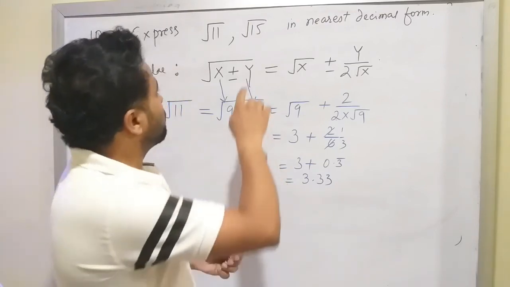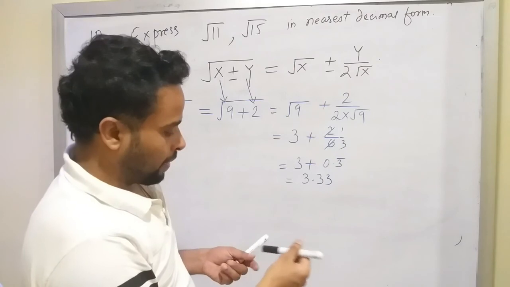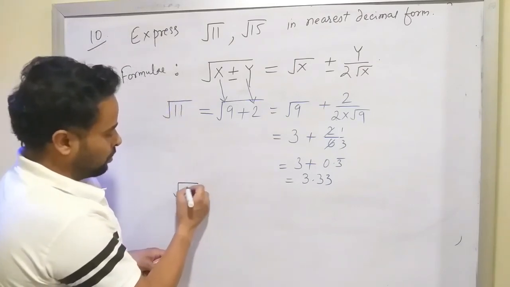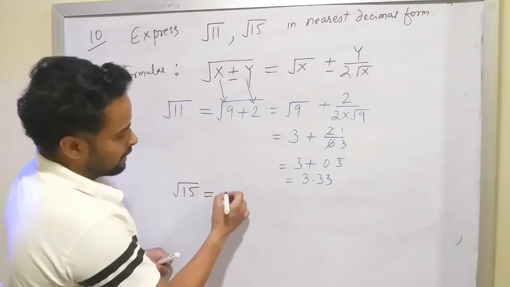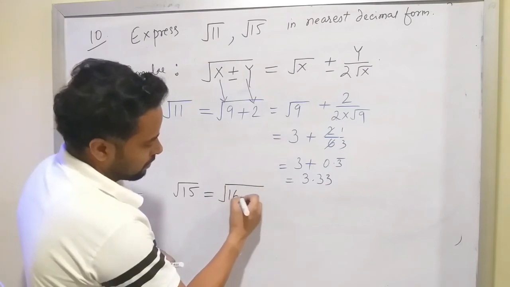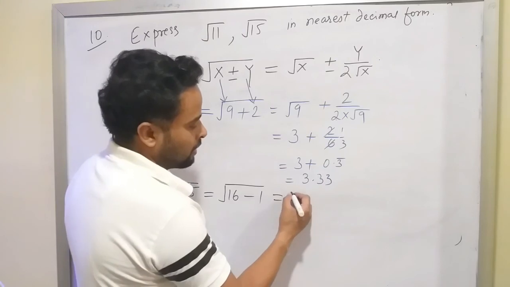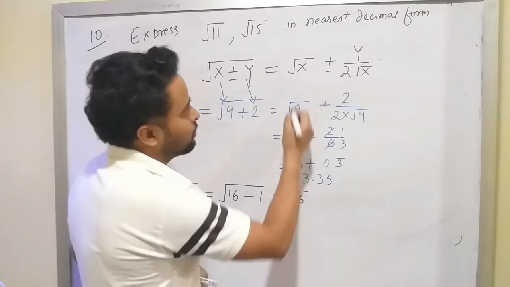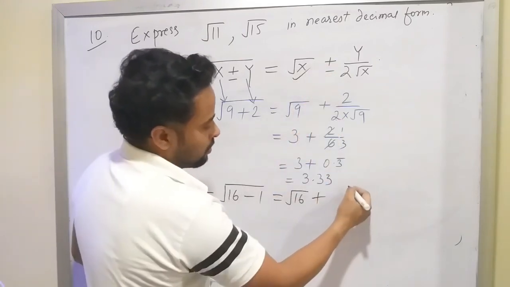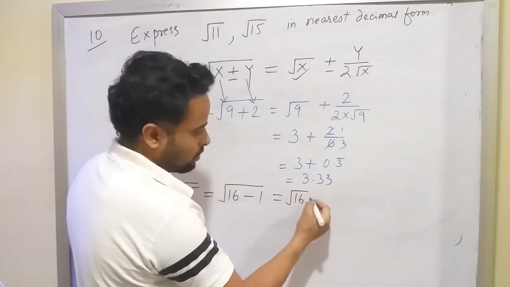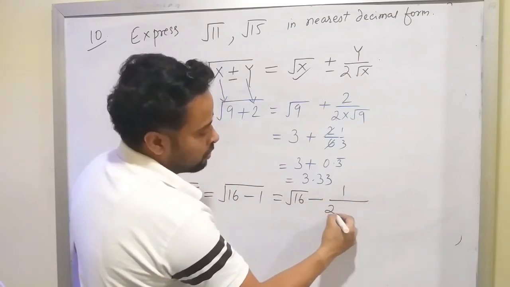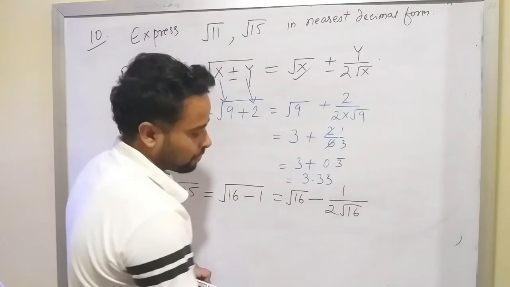Let us try root 15 also in the similar way. Root 15. 16 minus 1. Fine. So I am using minus here, this side. This is root 16 using the formula plus, minus it has. So minus 1 by 2 root 16.